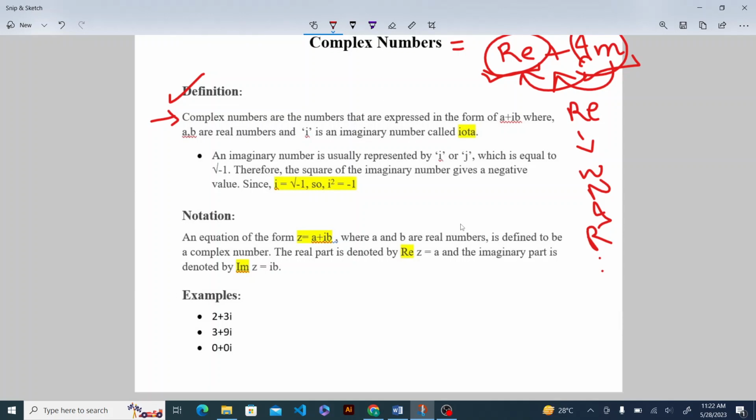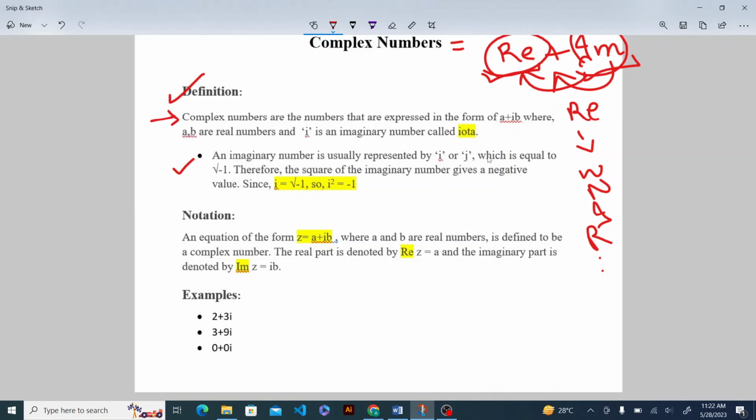Okay, now let us move forward. I have specified here what the imaginary numbers are. An imaginary number is usually represented by i or j. Mostly, you will see that it is represented by i. Just forget about j.